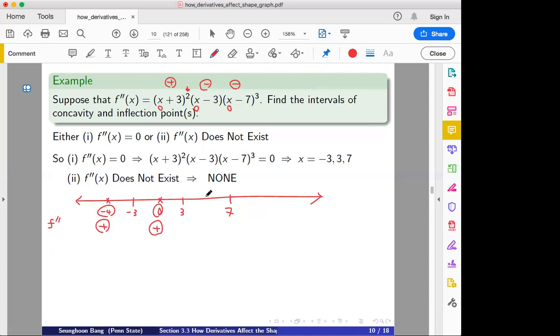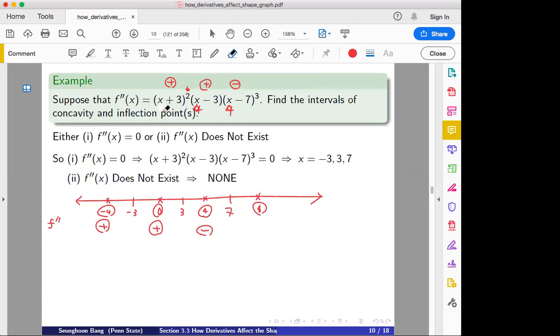Then choose 4. Plugging 4 in, 4 plus 3 squared is positive, 4 minus 3 is positive, 4 minus 7 is negative, so the result is negative.